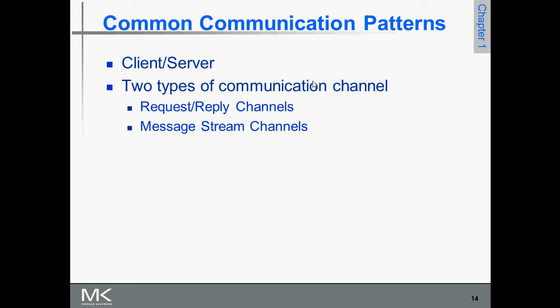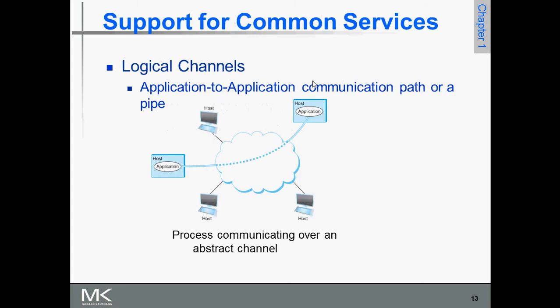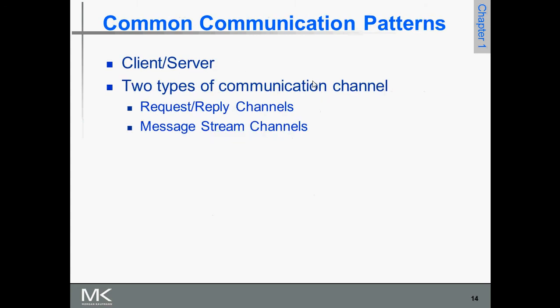So in real-time video and streaming video, we are not going to send any replies. Simply, one time we ask the server to send a block or group of data to us. Then the server continuously sends the data. But the scenario is different in the request and reply channel. So the first step in supporting common services is identifying common communication patterns.